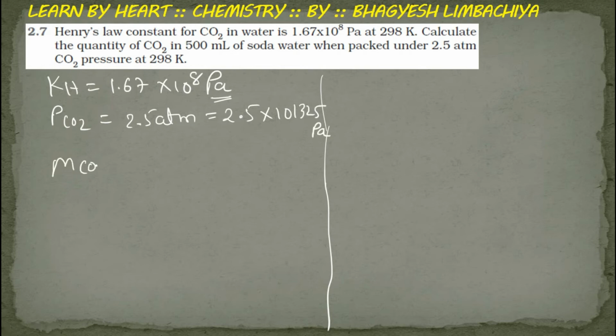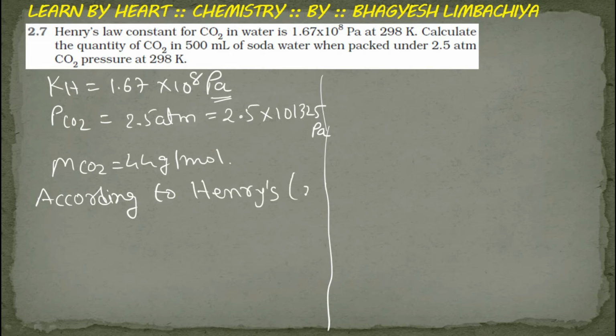Next, molar mass of CO2 is 44 gram per mole. So according to Henry's law, pressure equals KH into mole fraction of CO2. So mole fraction of CO2 equals pressure upon KH.